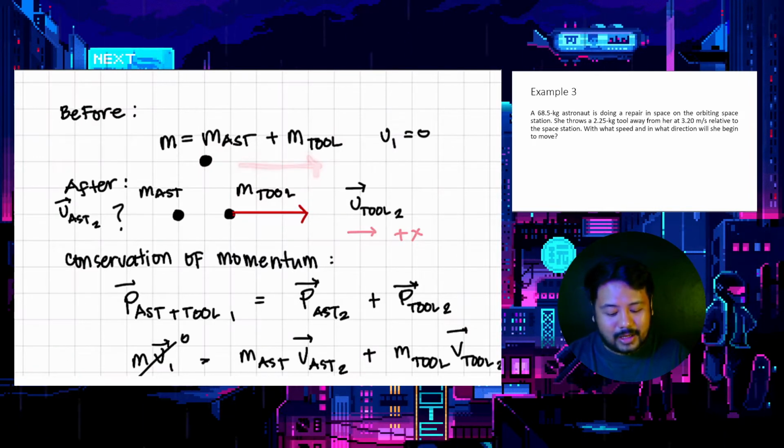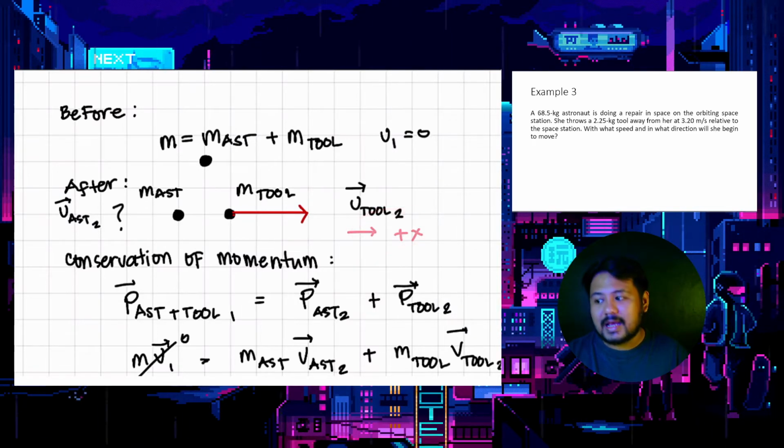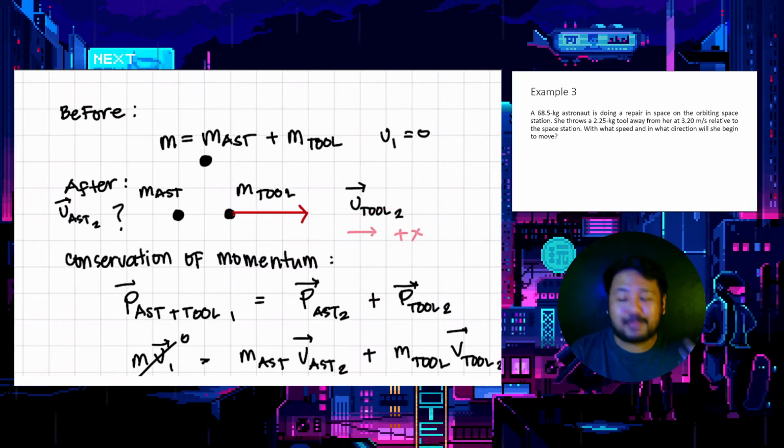Okay, and I will have that one as my positive x-axis. So relative to the space station, it's the positive x-axis. So how can we get the speed and in what direction will she begin to move?